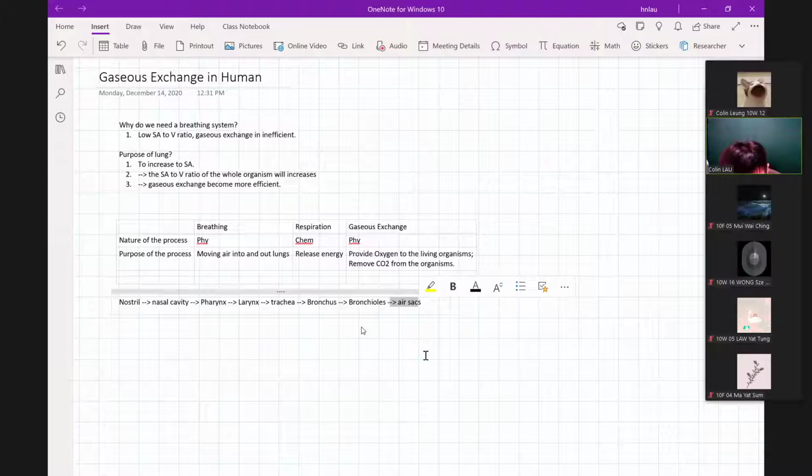If the muscles on the bronchioles contract and less air is moving into the air sacs, then what will happen? Less gas for gaseous exchange, true, but why?